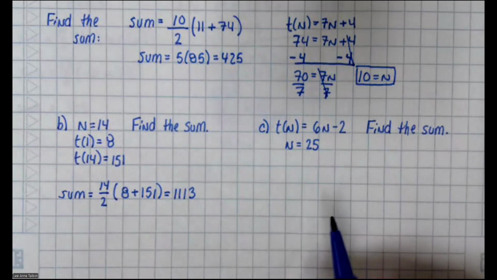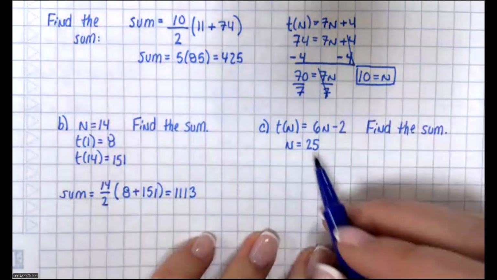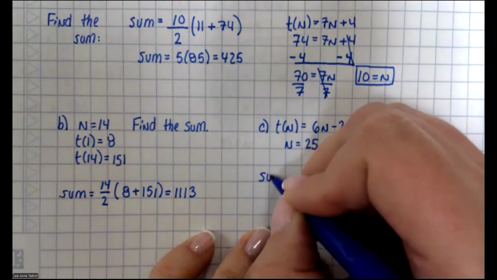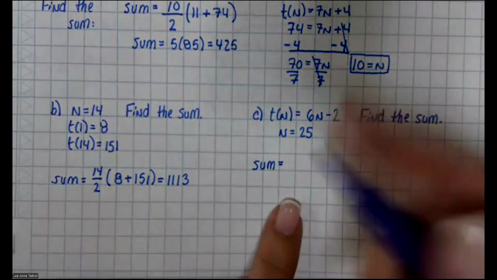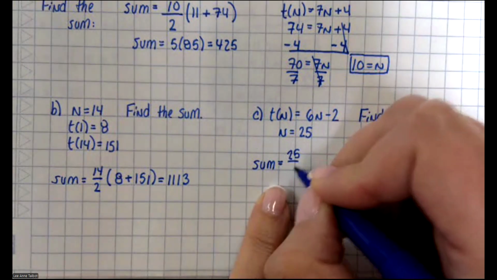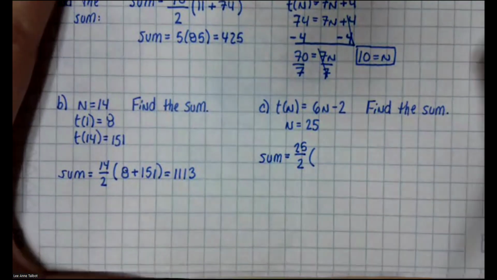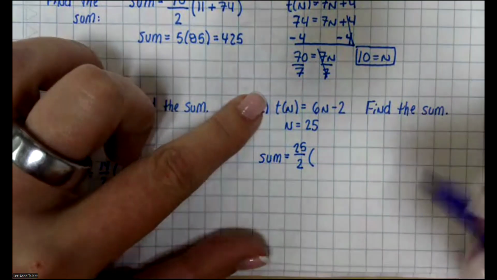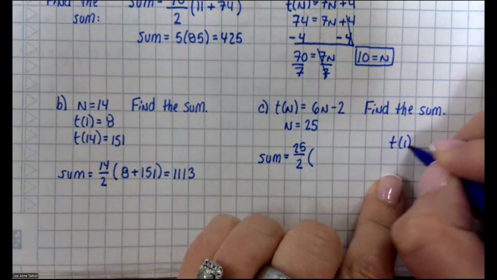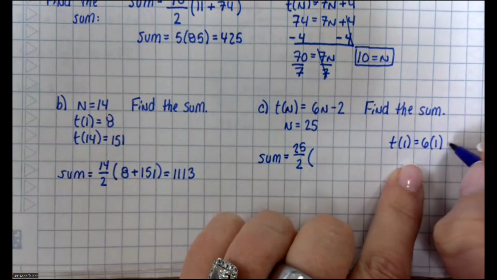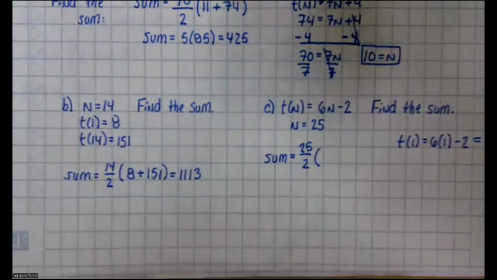Okay, now C. This one's fun. I like this one. It says find the sum. It gave you the equation. Remember what I said about the equation? It's magical. It gives you any number you want. Okay, so I'm going to go sum equals 25 over 2. Oh no, I don't know what the first term is, except what could I plug into the equation? 1. Where should I do it? Over here. First term is 4.